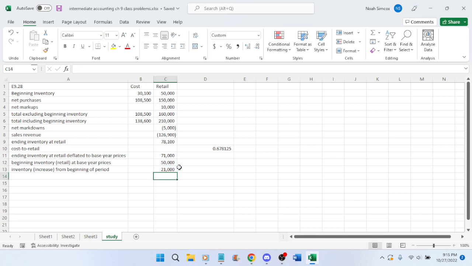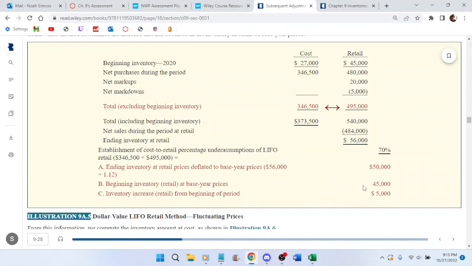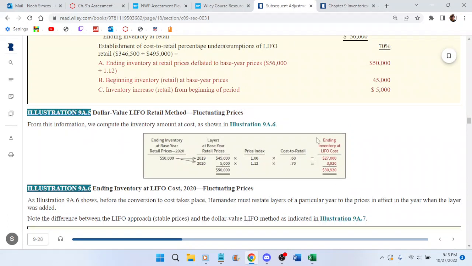Then you have an increase of 21. They want you to get to a total of 50,000.